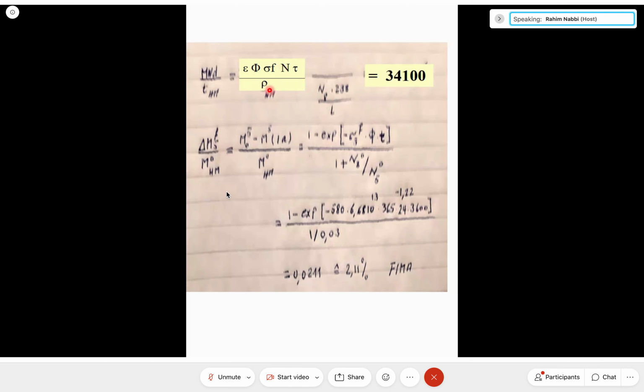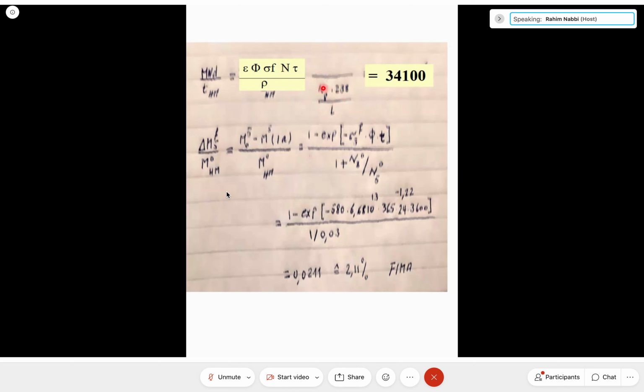The relationship between physical density and number density of heavy metal, which consists mainly of uranium-238, is that rho, the physical density, is equal to number density multiplied by atomic mass, 238, divided by N_A. Okay? So, now you see here this value, N8, the number density of uranium-238, and the number density of uranium-235.